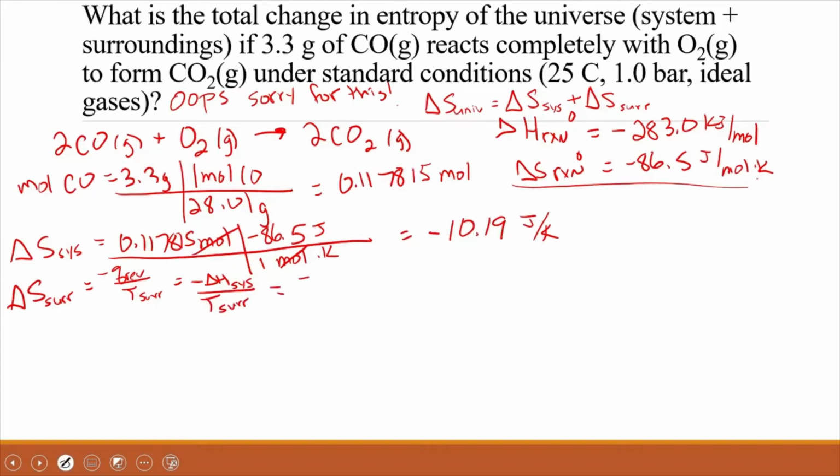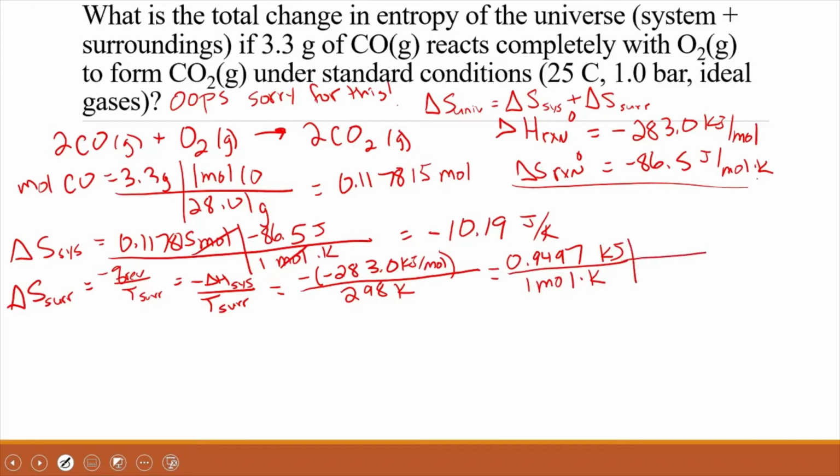So this gives us negative times negative 283.0 kilojoules per mole divided by our temperature of 298 Kelvin. So this gives us 0.9497 kilojoules for every 1 mole Kelvin.